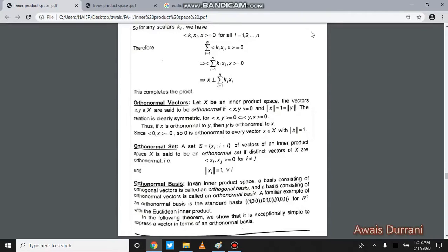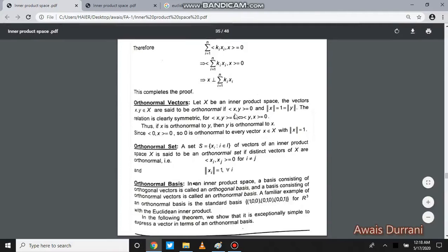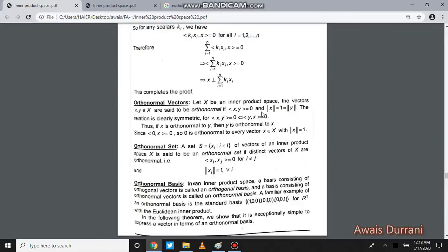But what are orthonormal vectors? Orthonormal vectors are those whose inner product is equal to 0, along with the condition that the norm of the first vector is equal to 1 and the norm of the second vector is also equal to 1.